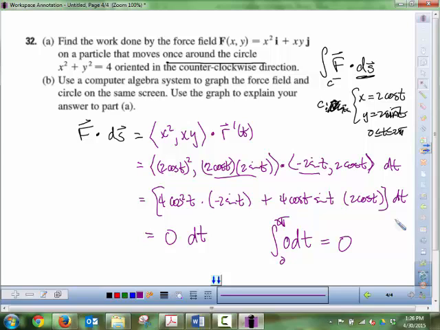Okay? Say it again? I think so. You got cosine squared, and I got cosine squared here. The same factor, right? 4 and 2, that's 8. And then a minus sign over here.